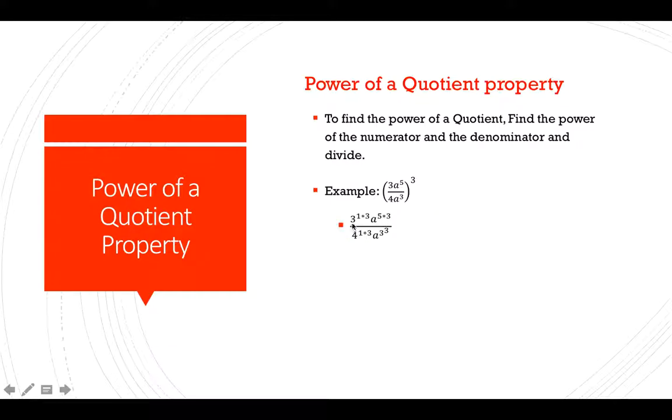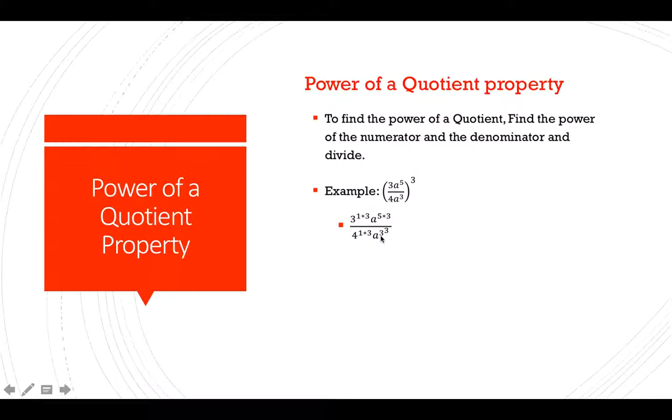So like I said, I just jumped right into it, and I did 3 to the 1st times 3, a to the 5th times 3. So I took that exponent here and brought it to this 3, as well as a to the 5th, as well as 4 to the 1 times 3, as well as the a to the 3.